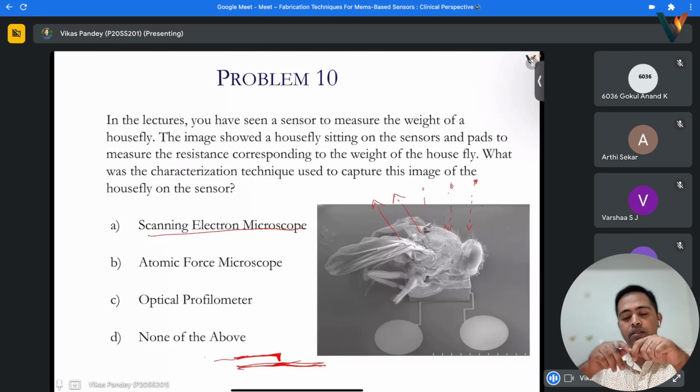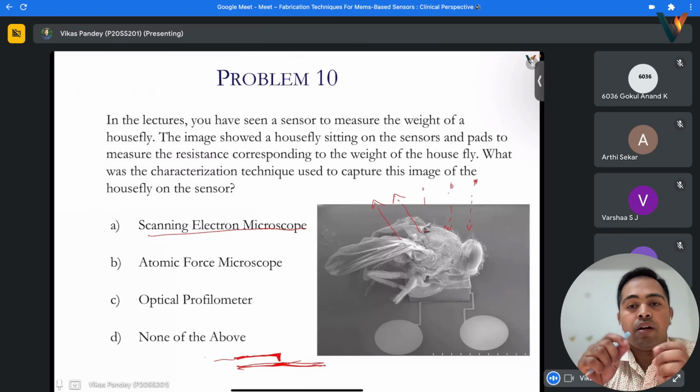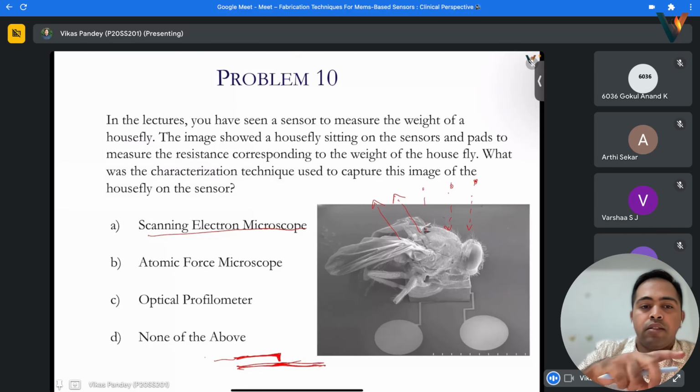It will move over the surface one by one, and with the change in the current flow, we can see what the surface morphology is like.